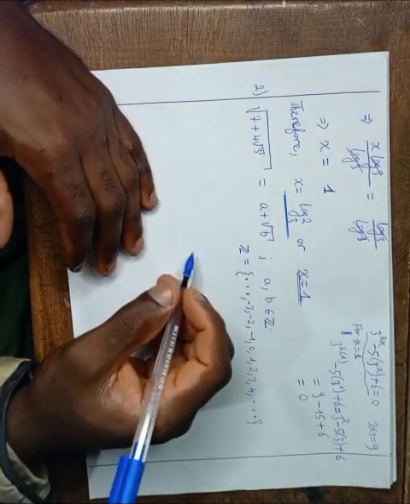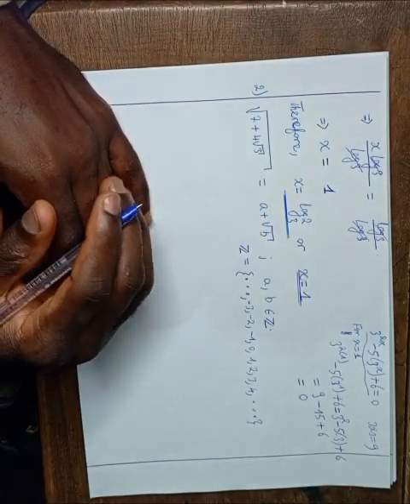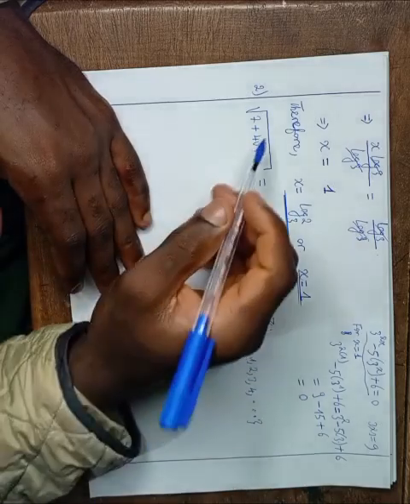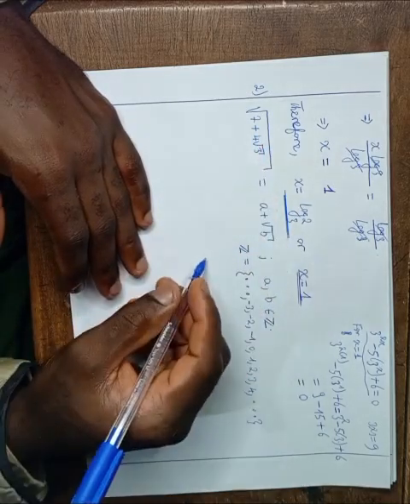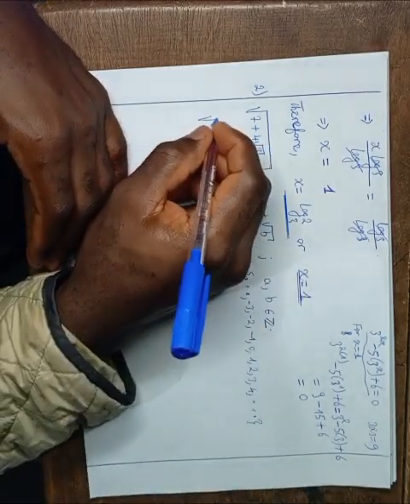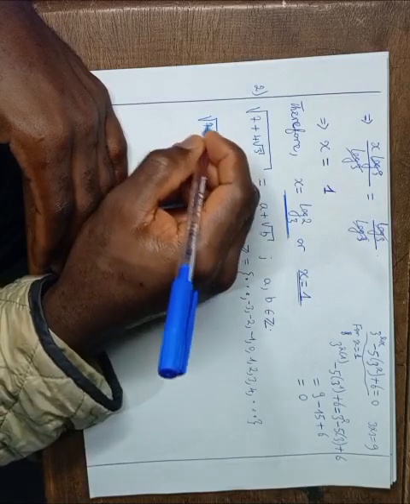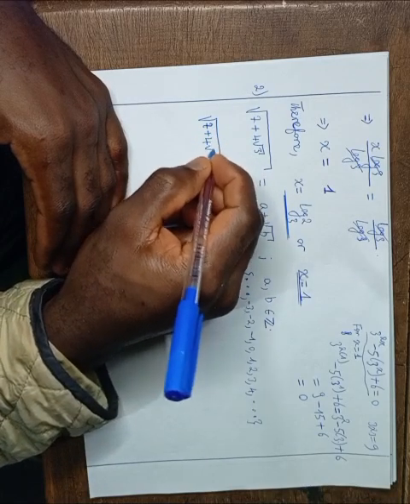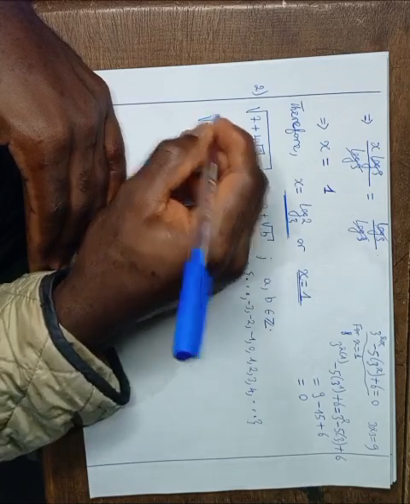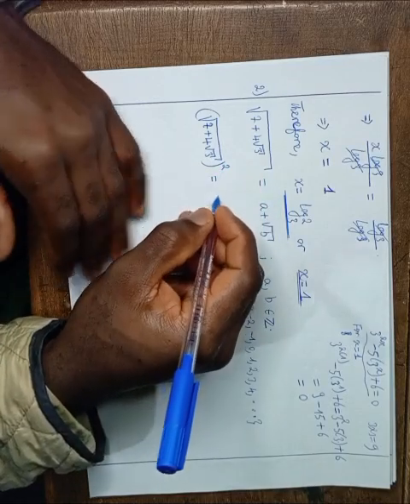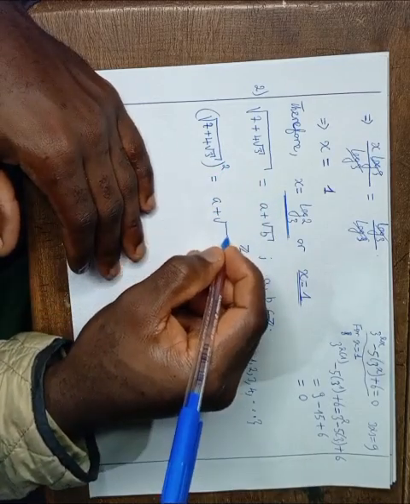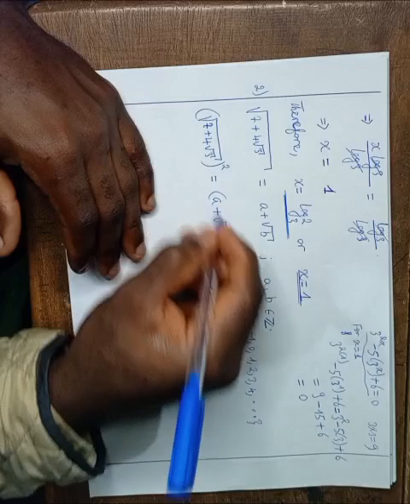Next, for us to answer this question, we are going to start by squaring both sides of the equation so that we can eliminate the square root sign. If we square both sides, the root of 7 plus 4 root 3, all this squared, is equal to a plus root b, all this squared.